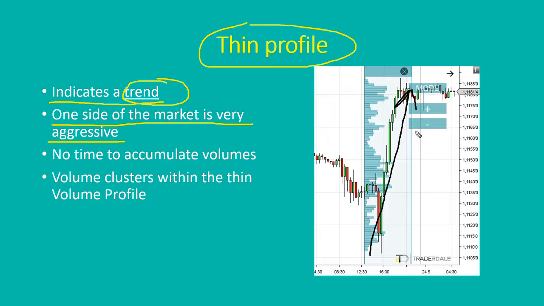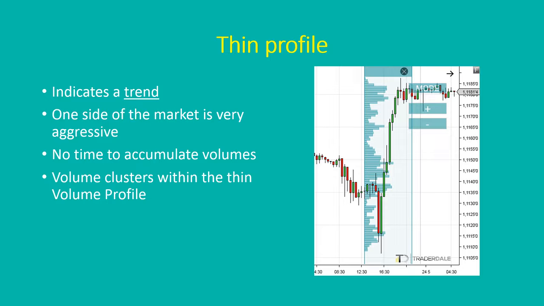There's not much time to accumulate volumes. And for that reason, the volumes are not heavy within a trend. It doesn't matter if it's an uptrend or a downtrend. When the price is moving aggressively, there's little time to accumulate volumes, little time to enter positions. And for that reason, the volume profile is thin, all right?